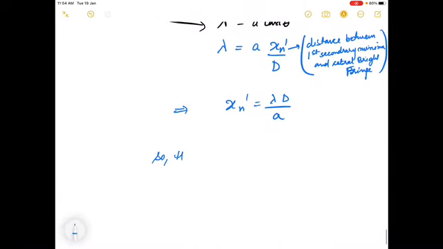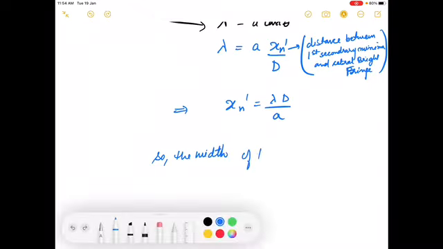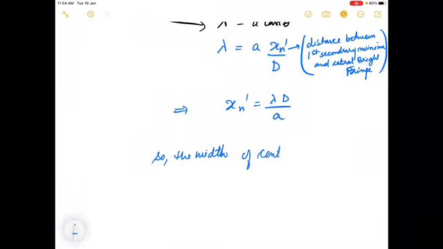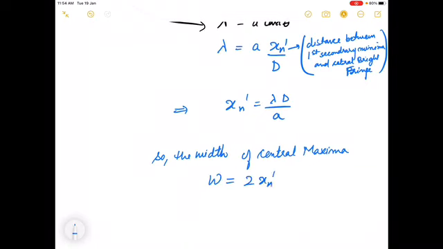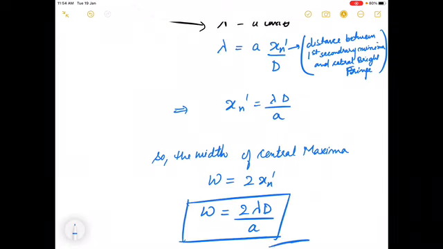So the width of central maxima, let me call it w, will be 2 times xn dash, or I can say w is equal to 2 lambda capital D by a, right? I hope that is understandable, right?